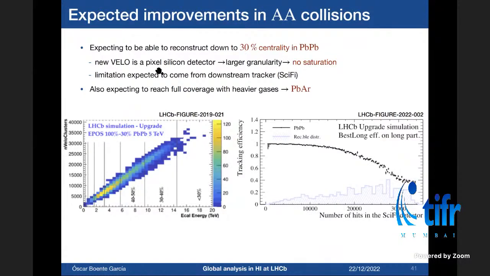The main factor here is that the new VELO is a pixel silicon detector, so we have larger granularity, and it can cope with the larger occupancy. The limitation at 30% will probably come from our downstream tracker, the SciFi, which is a scintillating fiber detector.